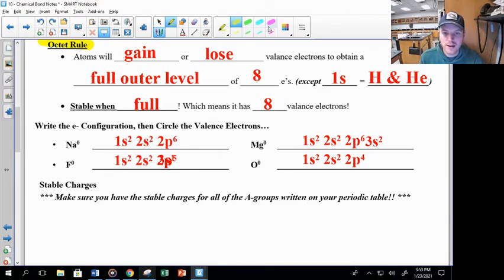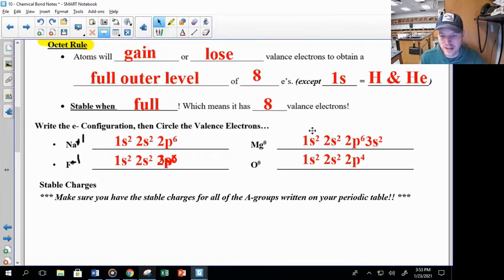So if you change their charges to indicate this transfer of electrons, sodium with a +1 charge has an electron configuration of 1s2, 2s2, 2p6, and fluorine with a -1 charge has an electron configuration of 1s2, 2s2, 2p6.